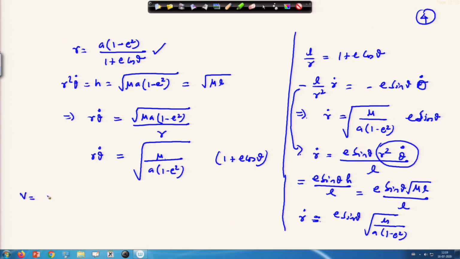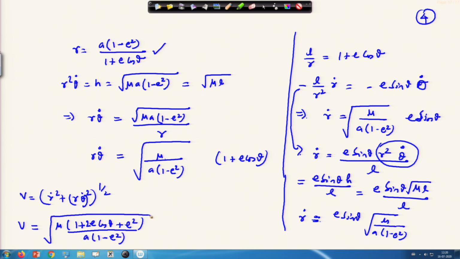And therefore V becomes r dot square plus r times theta dot whole square, to the power 1 by 2. So, inserting these values, you can insert it and check it. This value will turn out to be mu times 1 plus 2 e cos theta plus e square, divided by a times 1 minus e square, under root.